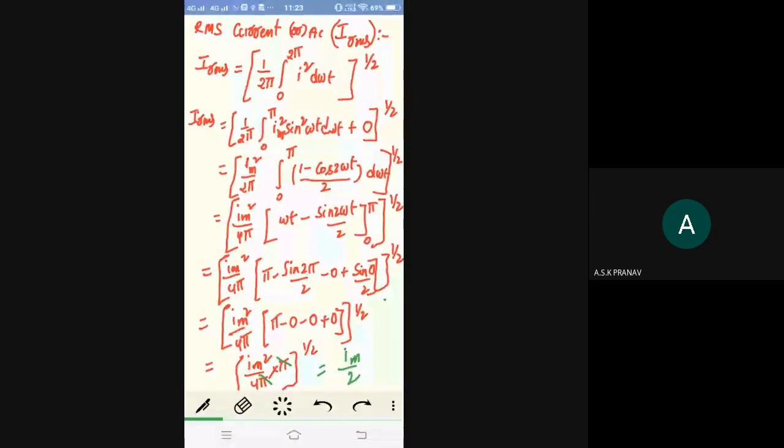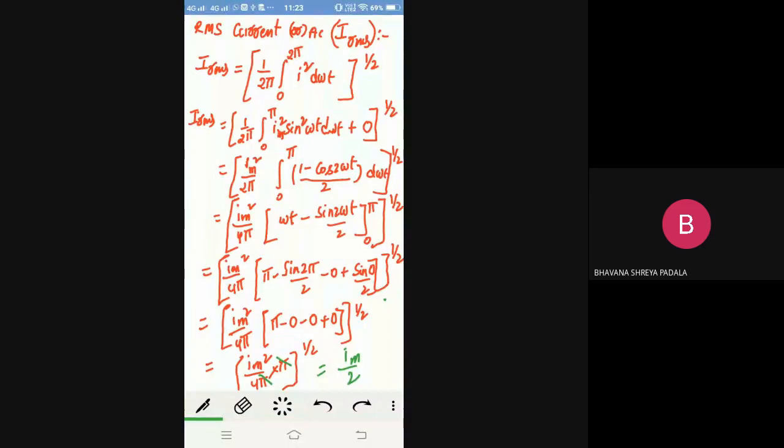Yes, right. Now RMS or AC voltage is represented with VRMS. Okay, so VRMS equal to IRMS into RL. So IRMS ఎంత వచ్చింది మనకి? Im by 2, sir. Im by 2 into RL.